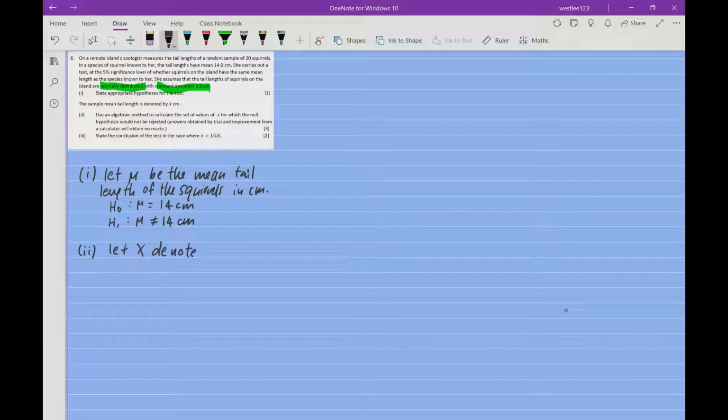So let X denote the random variable tail length of a squirrel in cm. Okay, so test statistic.